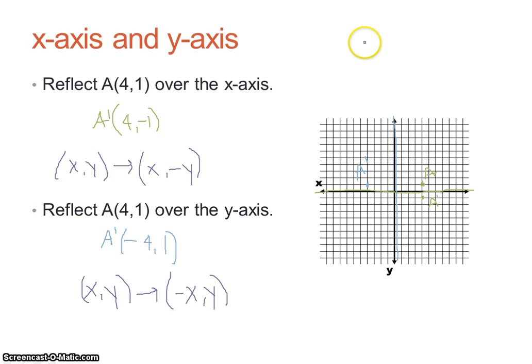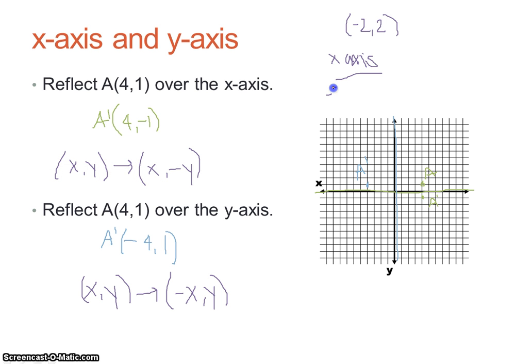So we can say, looking at the point negative 2, 2, if we want to reflect it over the x-axis, we would simply go from xy to x negative y.